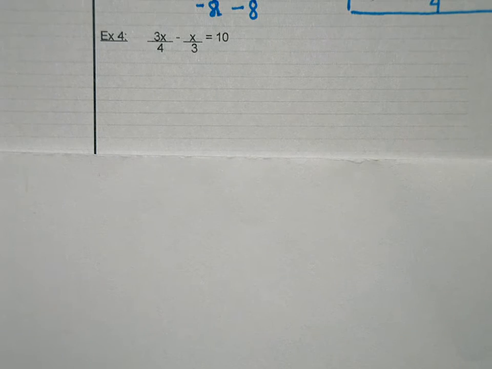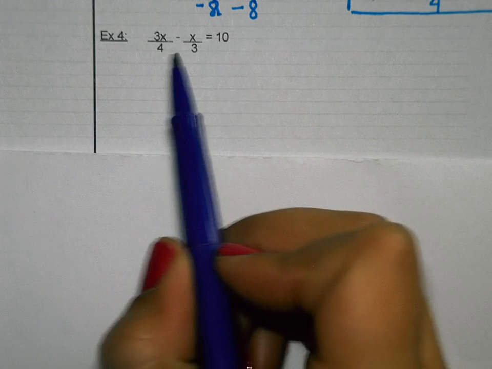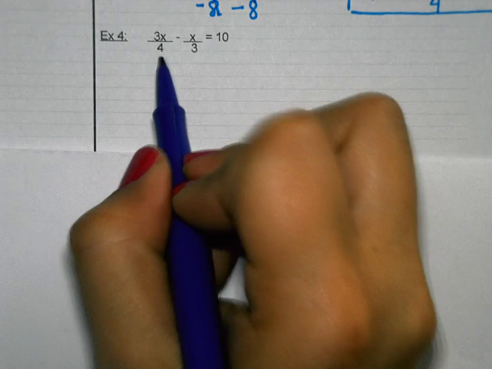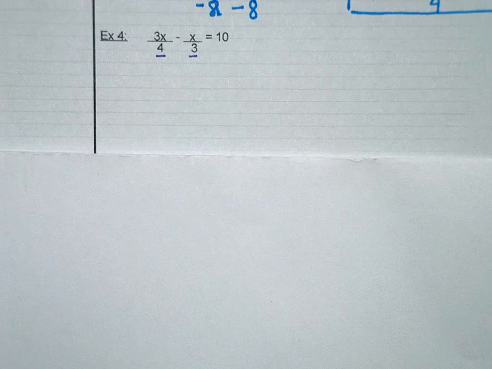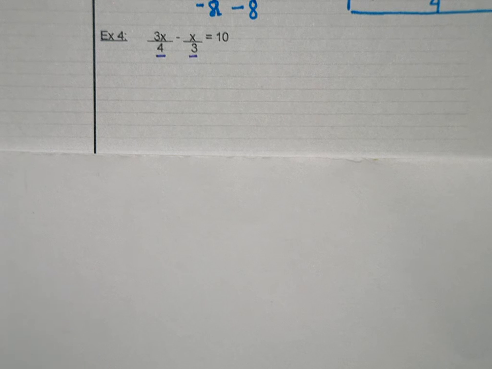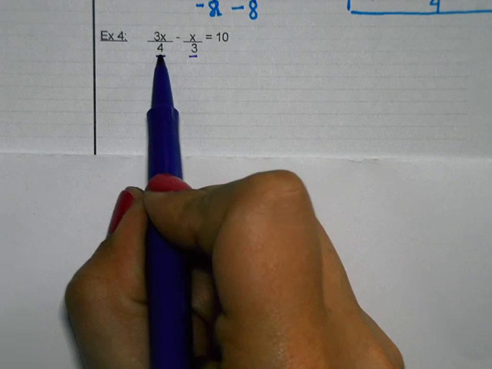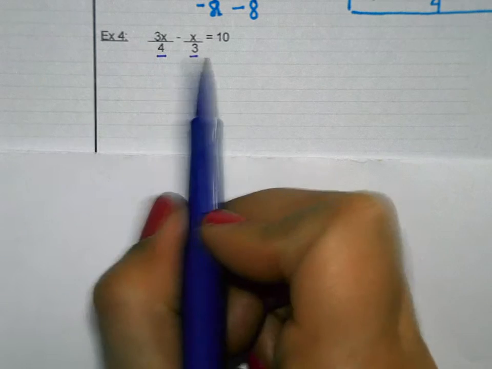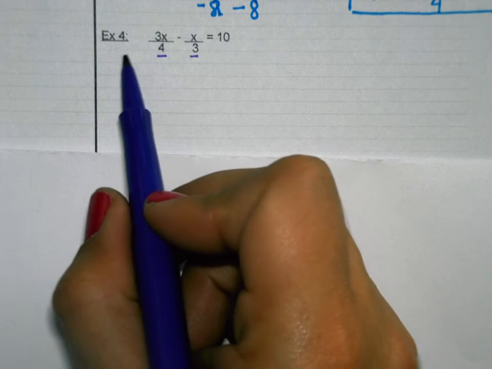Anytime we have a fraction, we want to look at our denominators and find the common multiple that goes into both 4 and 3. So we're looking for a number that both 3 and 4 can go into so that we can reduce. I notice that 4 goes into the number 12 and 3 also goes into the number 12.